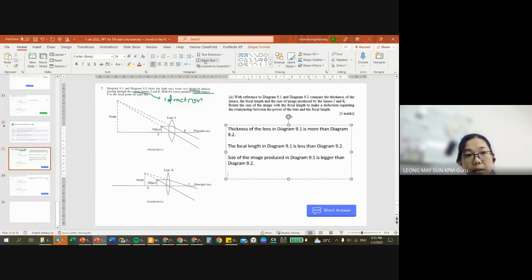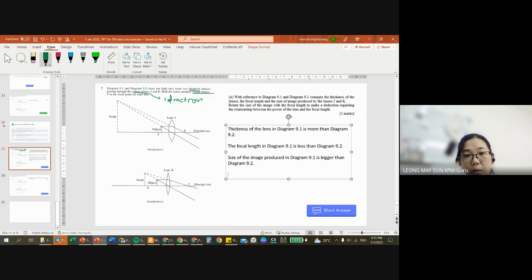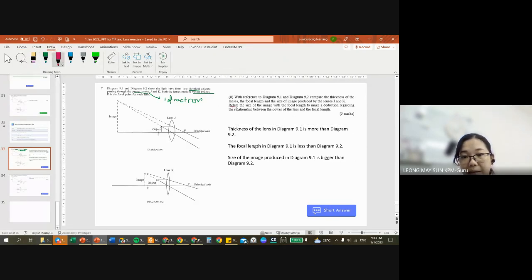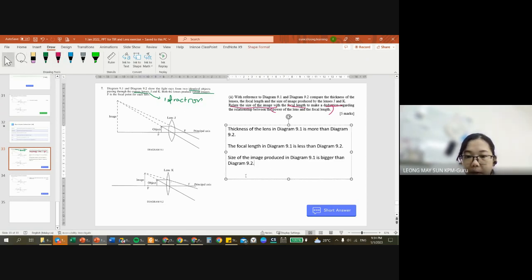Then the question says, now here, please be careful. Do take note. Question says, relate the size of the image with the focal length and make a deduction regarding the relationship between the power of the lens and the focal length. Okay, so over here, there's two parts.